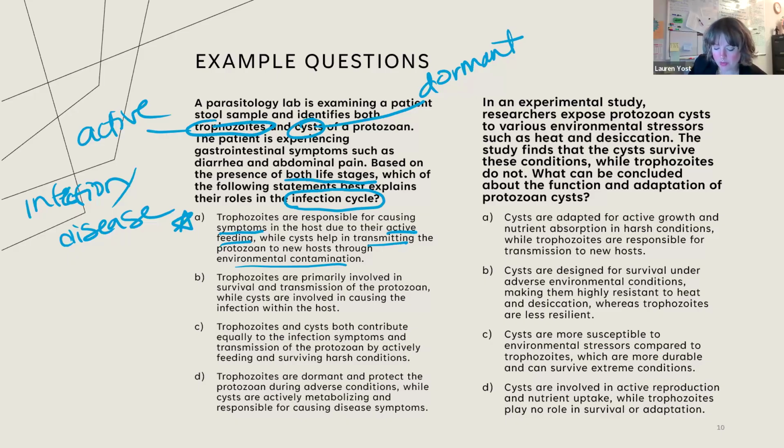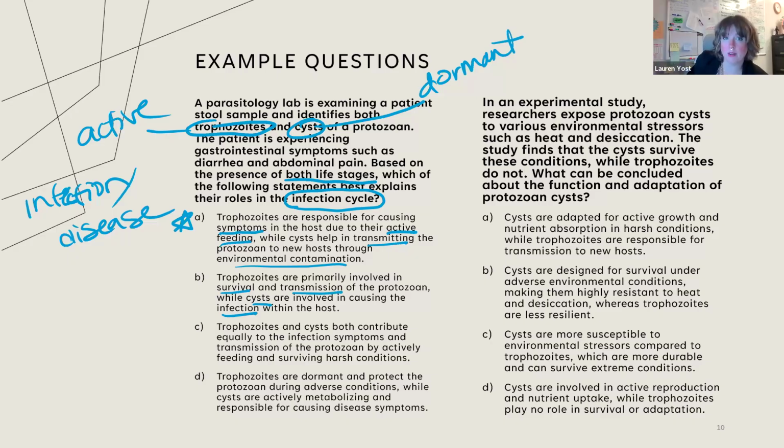B: Trophozoites are primarily involved in survival and transmission, whereas cysts are involved in causing the infection within the host. So what we need to understand a little bit here, are cysts causing infection? They can't because they're dormant. Cysts do not multiply. Infection means that the organism is multiplying in you.